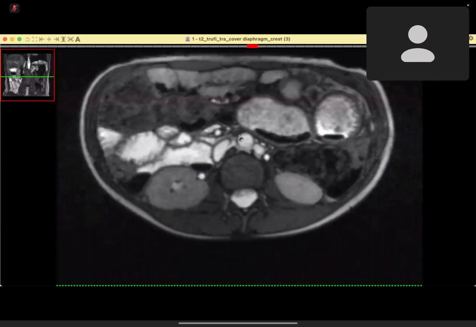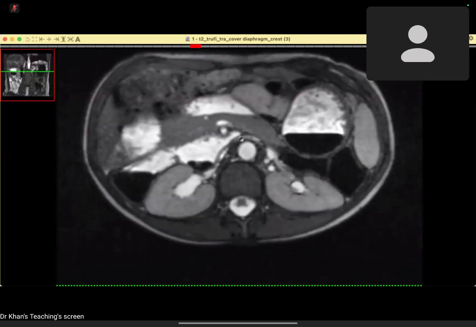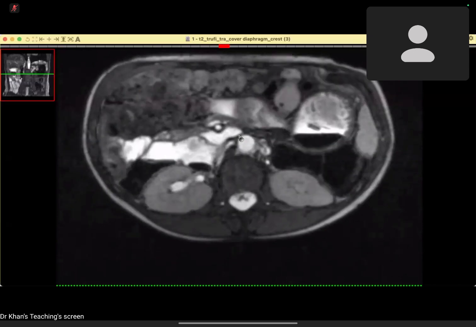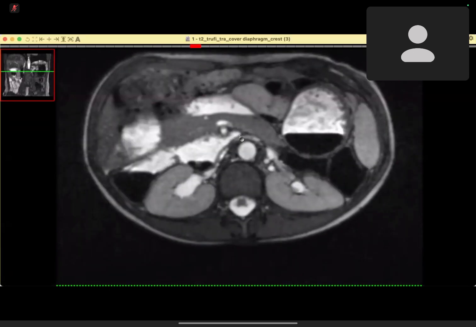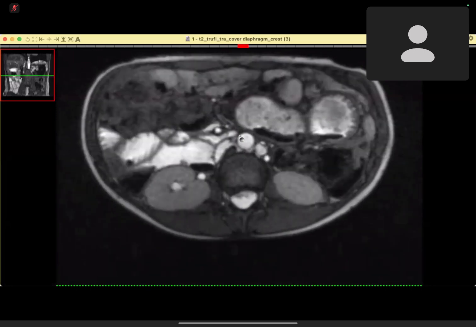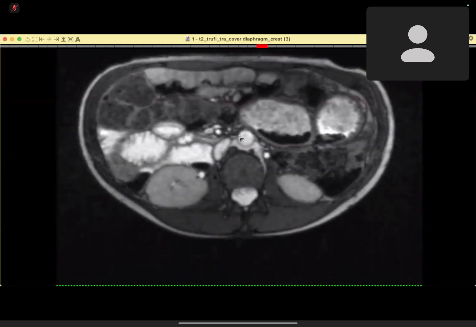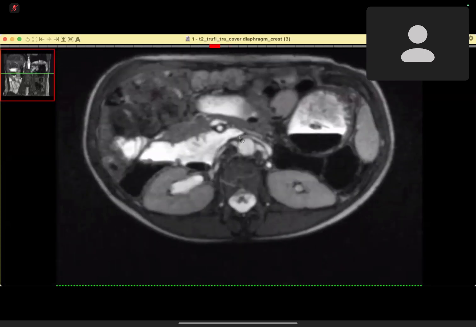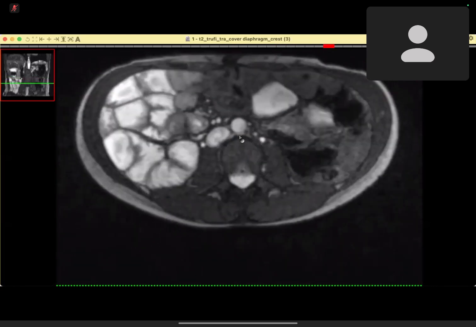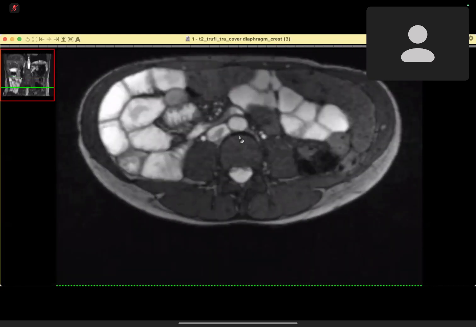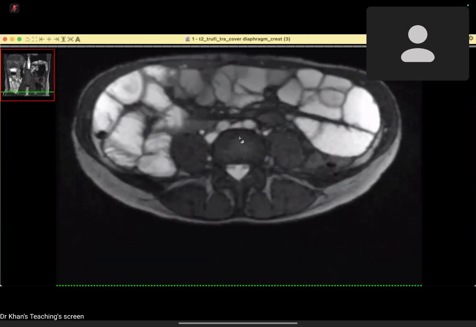Yes. I can see now that the third part of the duodenum does not cross the midline, and it goes back into the right side. And as I say, the jejunum is clustered in the right side. This could be representing a case of malrotation.